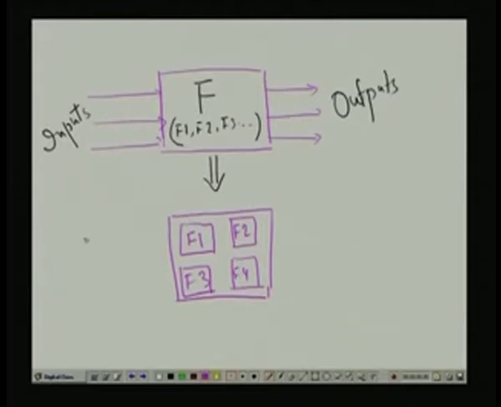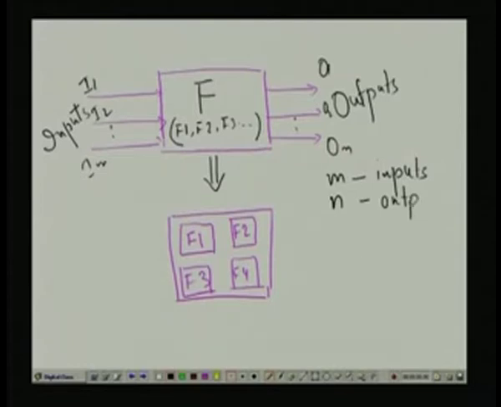Say it may happen that say inputs, there are m inputs and say these are I1, I2 to Im. Similarly, the outputs are O1, O2, say On, n number of outputs. That means m inputs and n outputs.